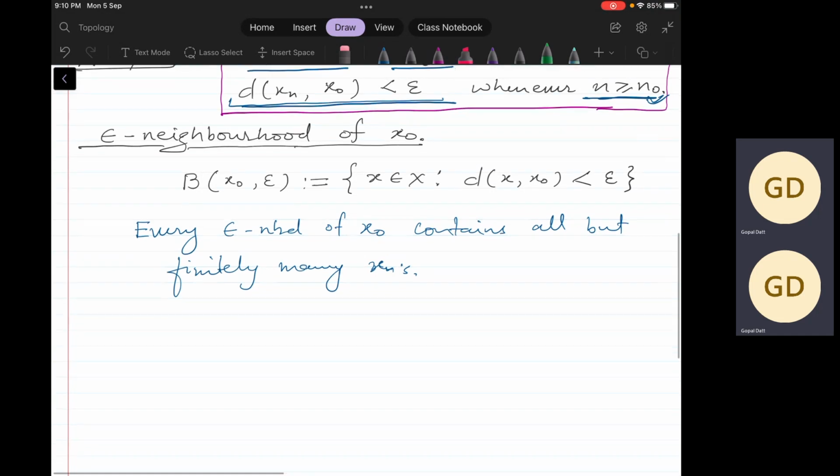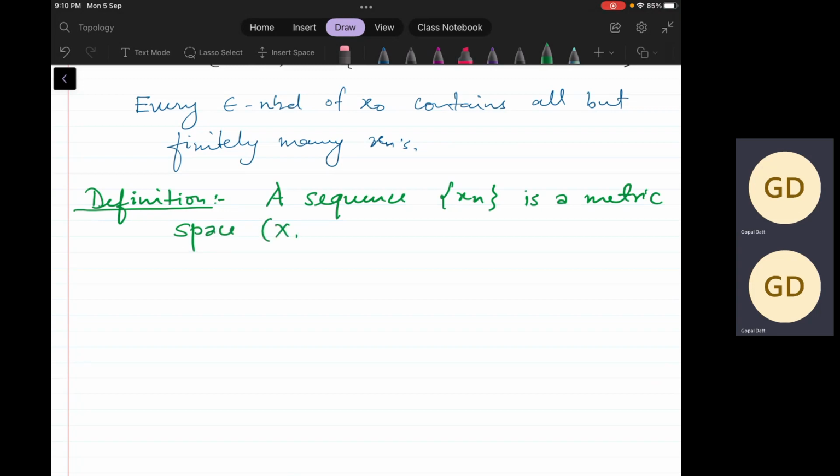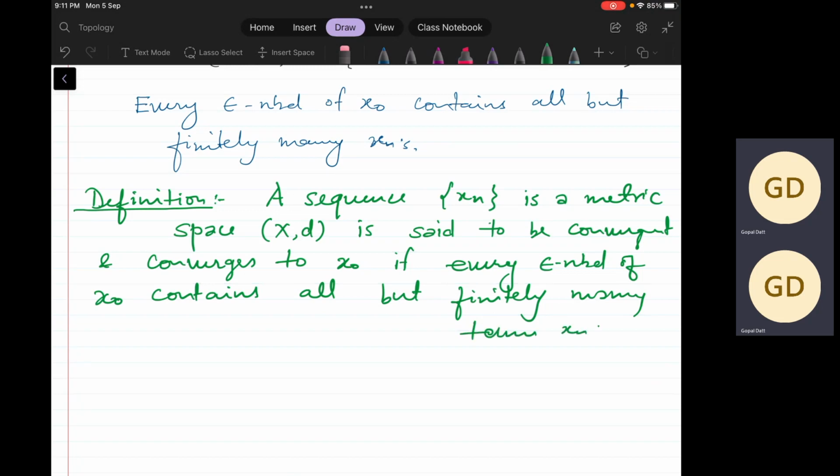So let me write this definition again. Definition: a sequence xn in a metric space (X, d) is said to be convergent and converges to, say, x naught if every epsilon neighborhood of x naught contains all but finitely many terms.